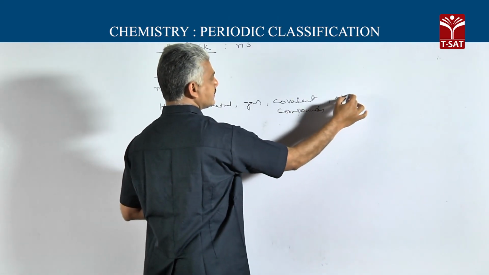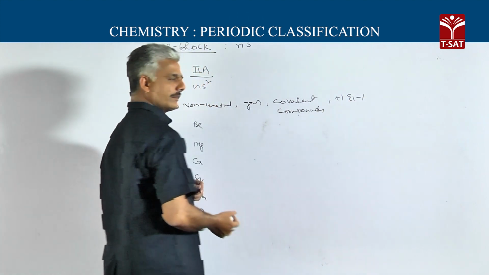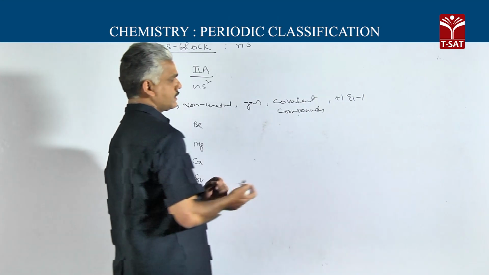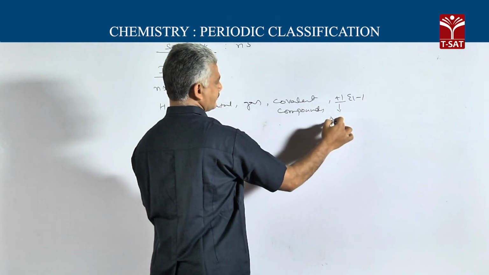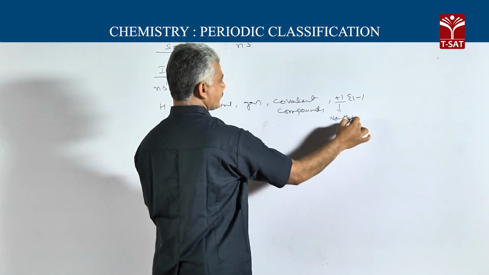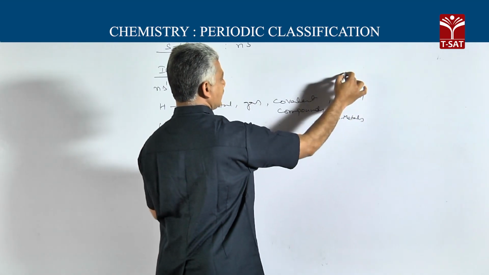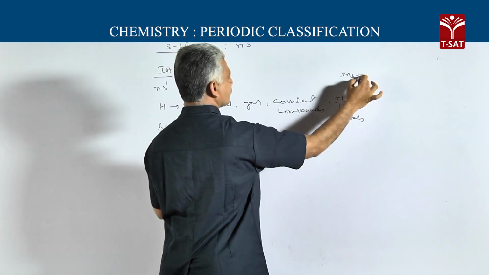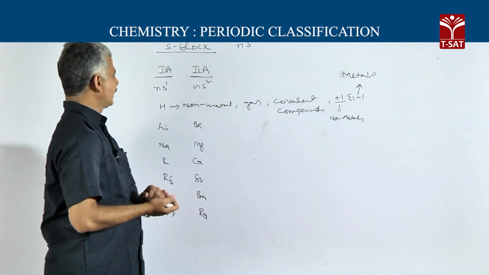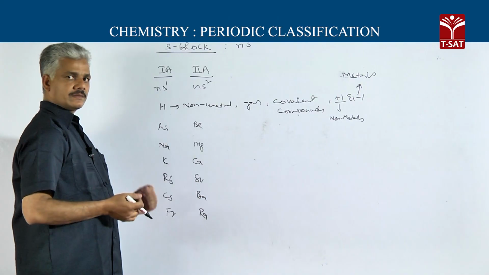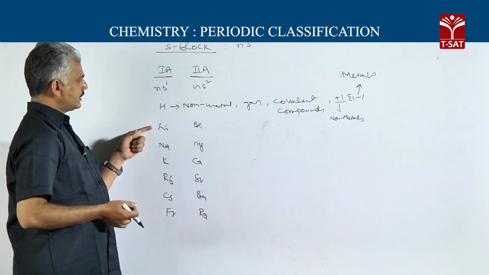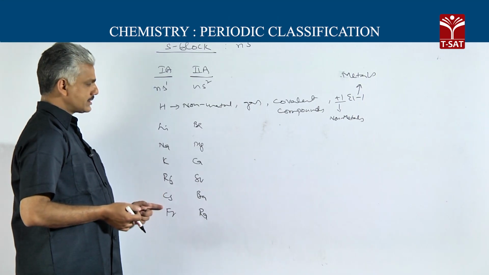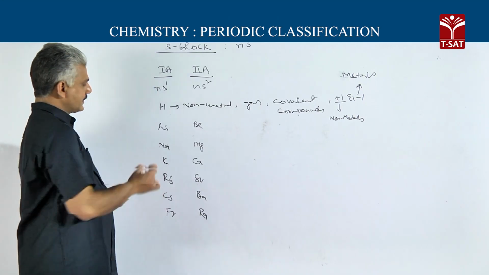It exhibits 2 types of oxidation states, +1 and -1: +1 in combination with the non-metals and -1 in combination with the metals. Coming to the rest of the elements, lithium, sodium, potassium, rubidium, cesium and francium all are metals.